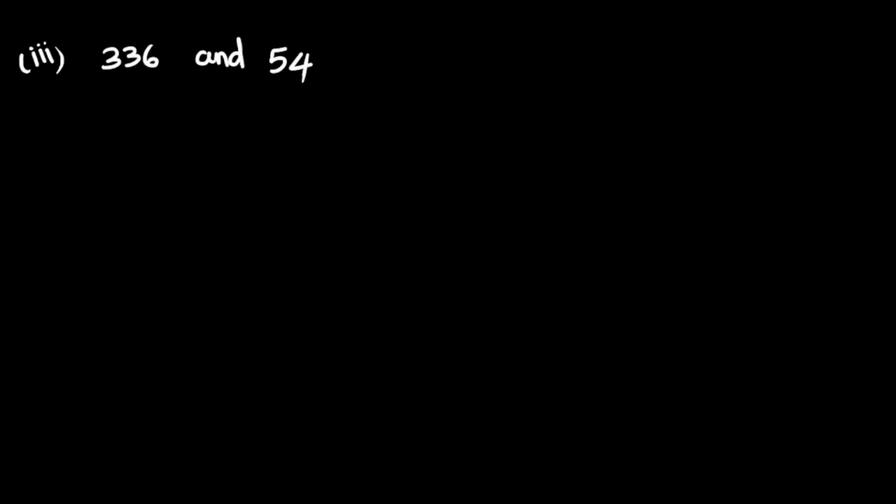Going on to the next question, that is 336. We have to find the prime factorization, right? I'll do it with 2. 2 ones are 2, then you have 1, it will become 13, then 2 6s are 12, again remainder 1, then that will become 16, 2 8s are 16. So you have 168, right?